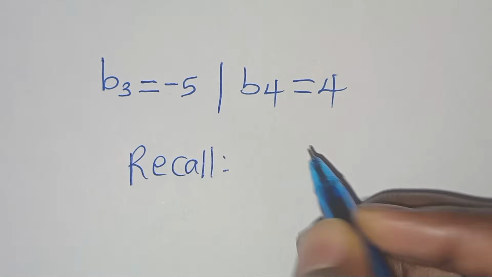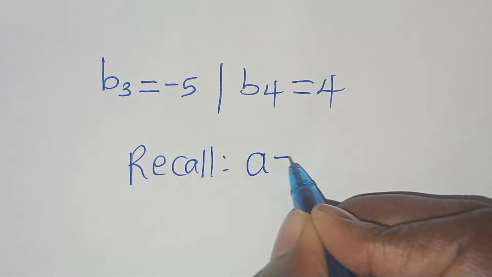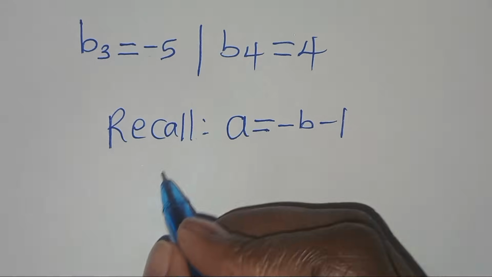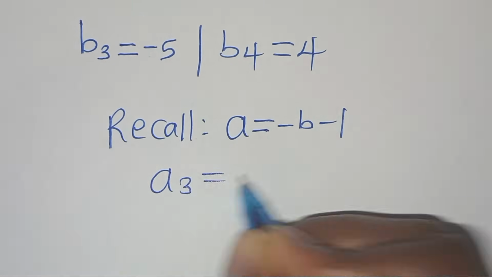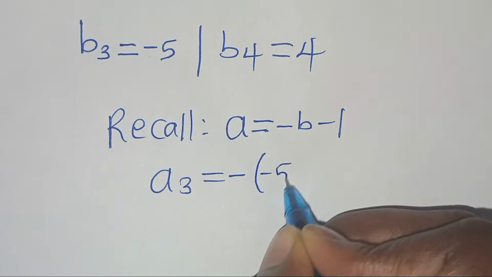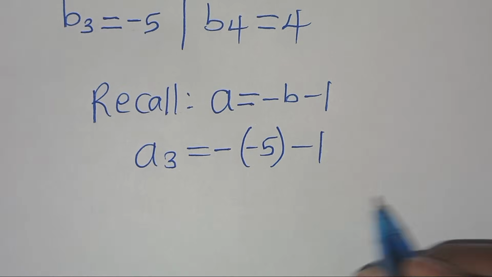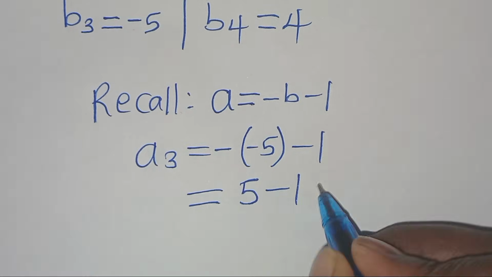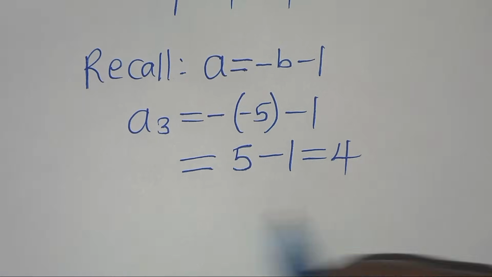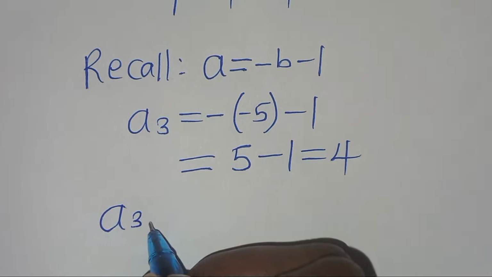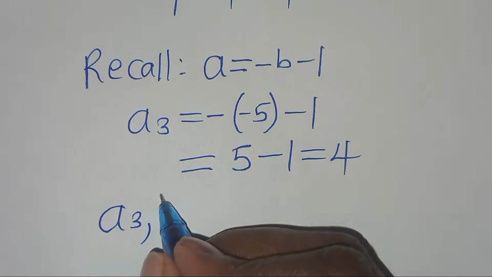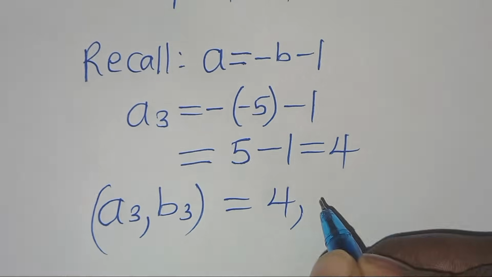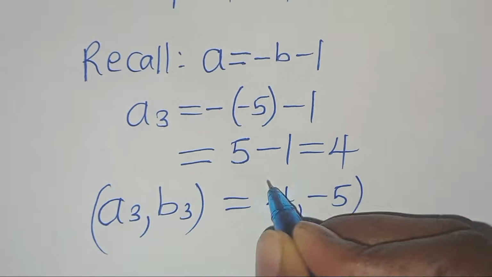So if you recall, A is equal to minus B minus 1. So this implies that A3 is equal to minus of minus 5, subtract 1. Minus times minus 5 is 5, minus 1, which is equal to 4. So now we have the third set of solution, A3 comma B3, equal to 4 comma minus 5.